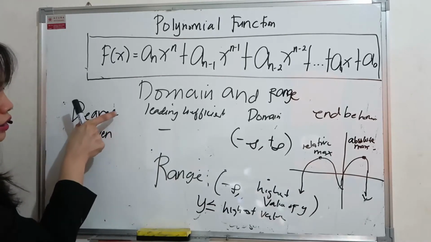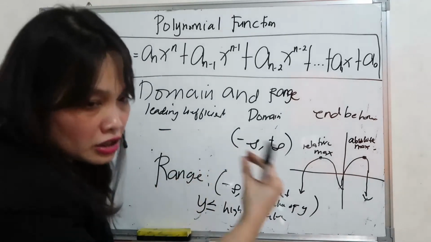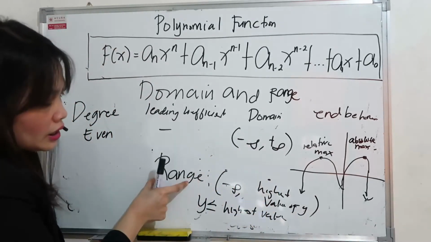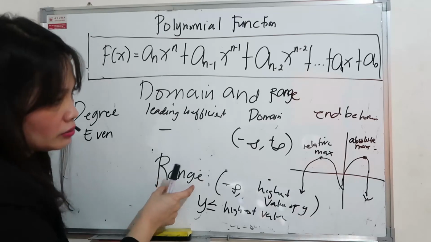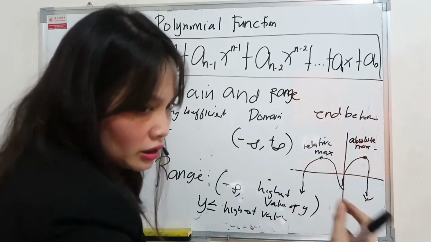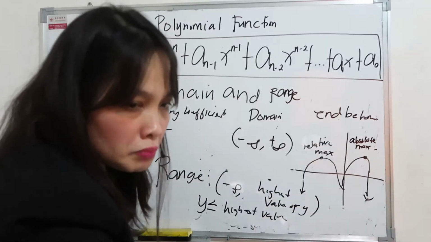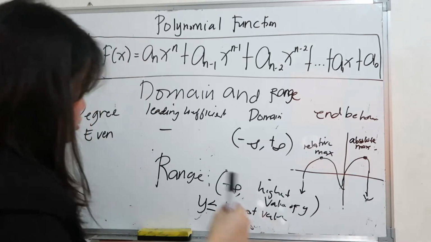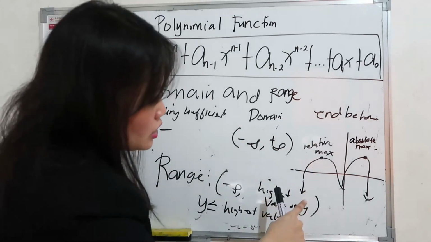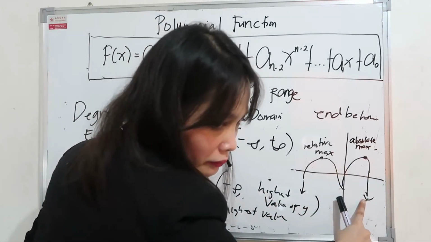So if the degree is even and the leading coefficient is negative, the domain is still the same, negative infinity to positive infinity. But the range, how do you determine the range? You need to check the graph. How do we check the graph? You need to determine the end behavior, the starting and ending point of the graph. So if the degree is even and the leading coefficient is negative, the end behavior is from the third quadrant going to the fourth quadrant.